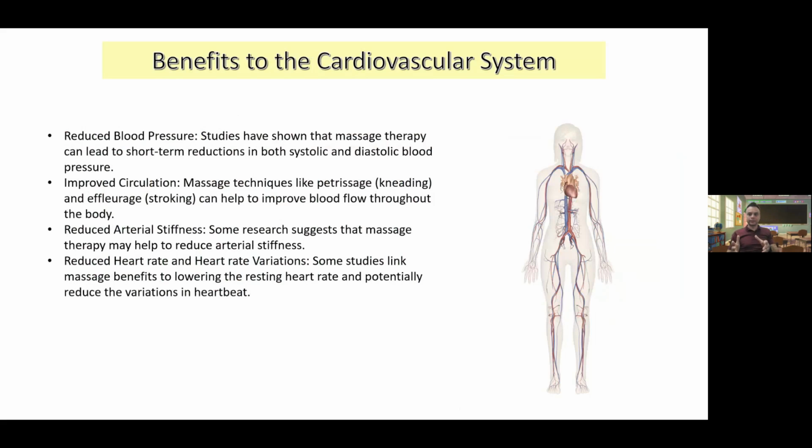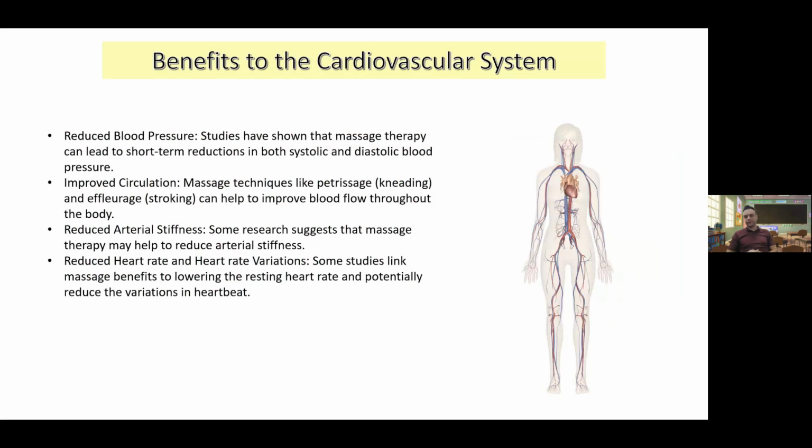If you leave a piece of leather in the sun and it dries out and cracks, right, it's going to be bad, right? Same thing. If you just leave the body stagnant, it's just going to be rigid, right? So the massage kind of keeps the regularity and the elasticity to the body, so it can decrease arterial stiffness.